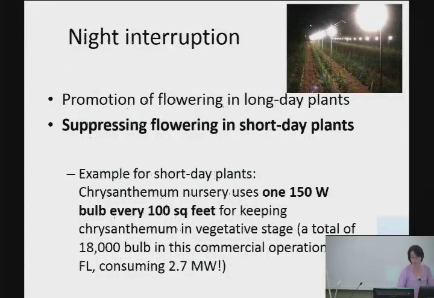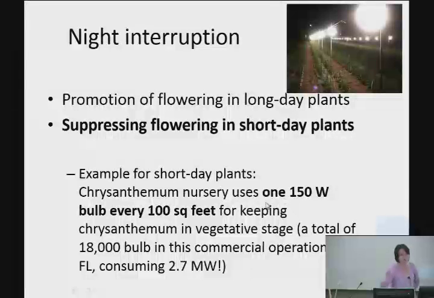Okay, yeah, so this is the one I was talking about. So the Florida situation: night interruption is used for suppressing flowers in short day plants instead of triggering flowers to get a much longer day. But this is a conventional use of lighting, just responding to Enrique's question.